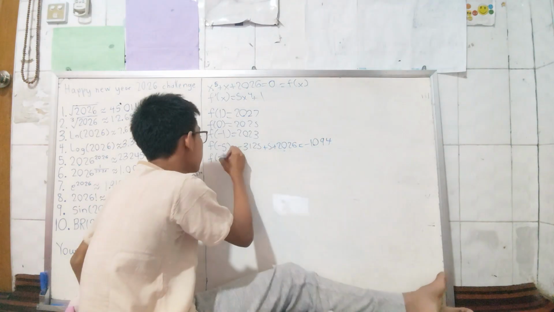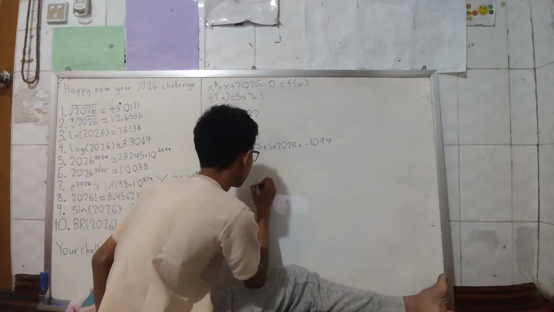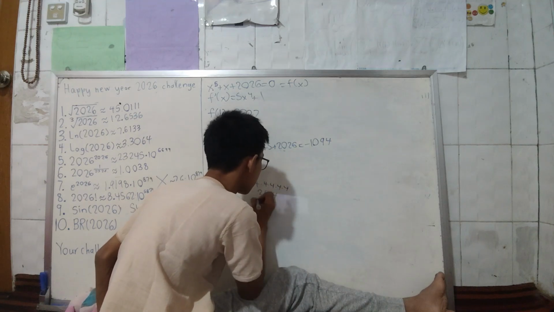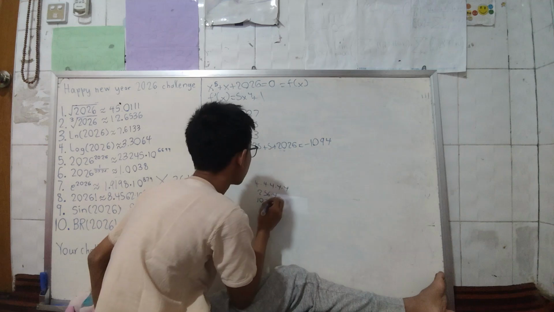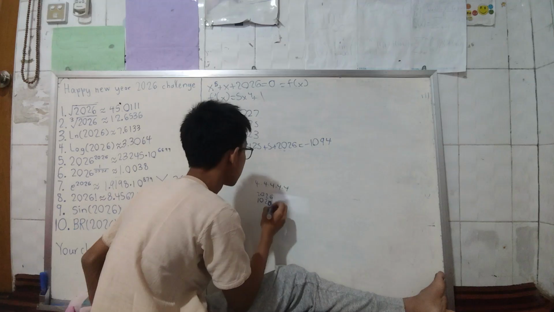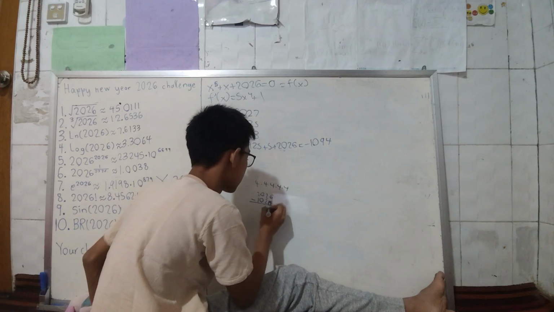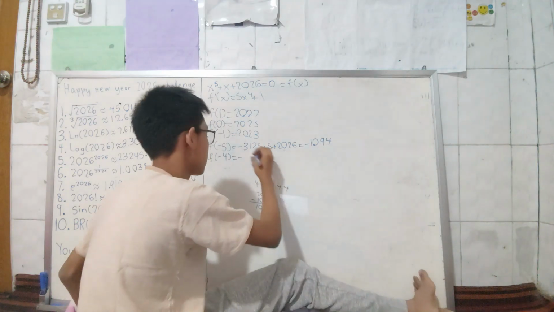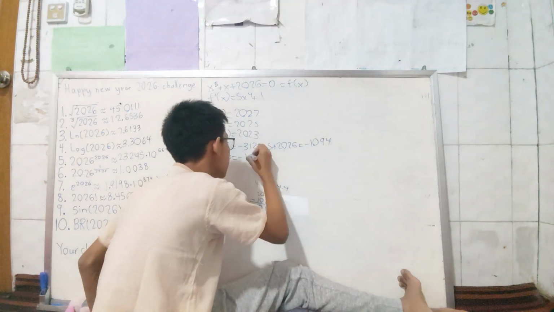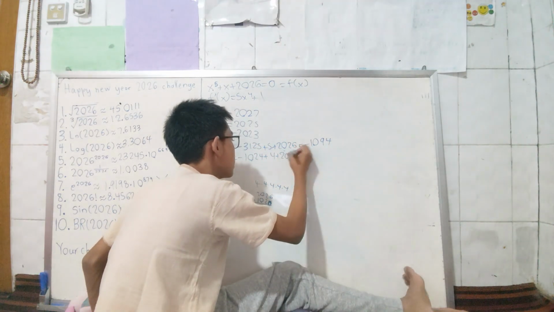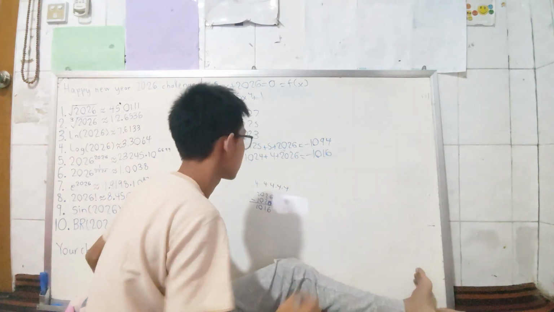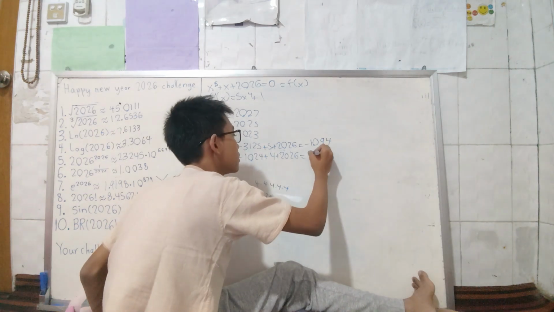f of negative 4. Negative 4 to the 5th: 4 times 4 is 16, times 4 is 64, times 4 is 256, times 4 is 1024. So negative 1024 plus 4 plus 2026, and that's gonna be positive 1006.